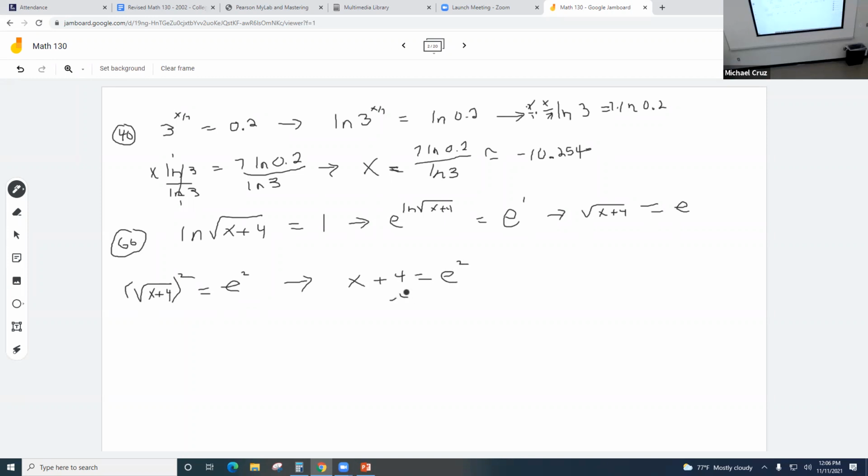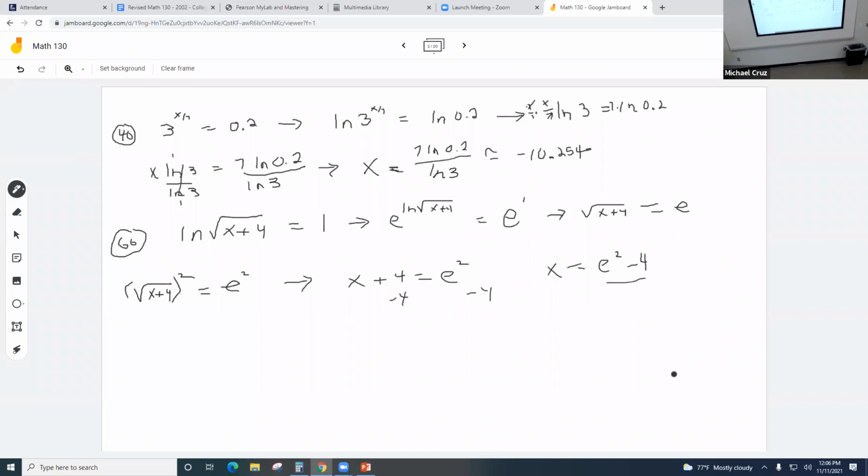And then one more little move. So this is going to be x is equal to e squared minus 4.